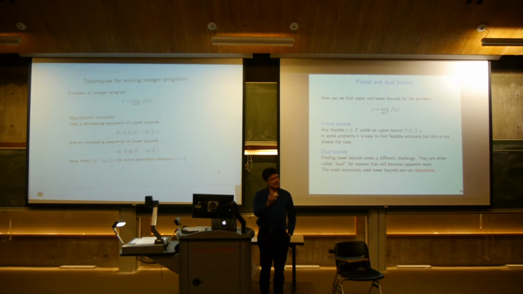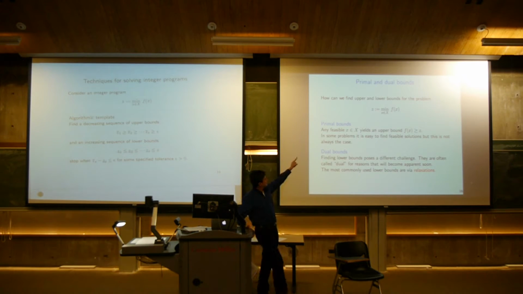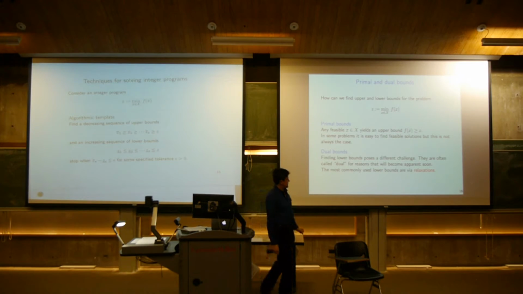By contrast, in the knapsack problem, it's not as obvious how you can get a good feasible point. Those are primal bounds because essentially they are derived from the primal problem. And depending on the particular problem that you're working with, it may be easy or hard to find a feasible solution.